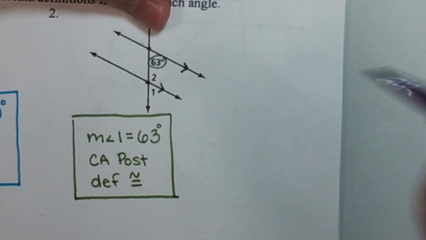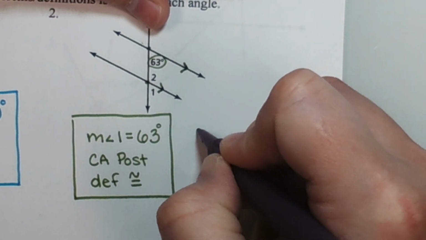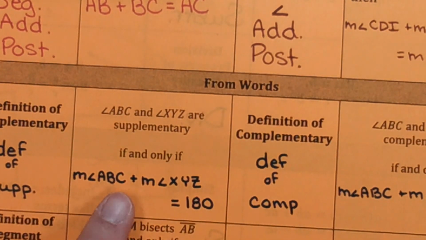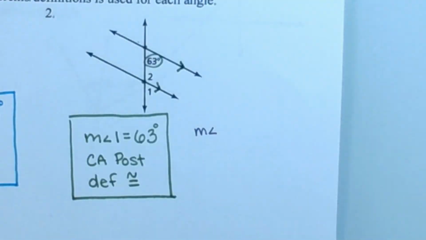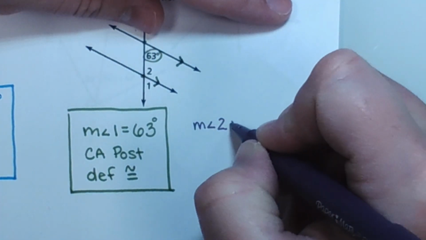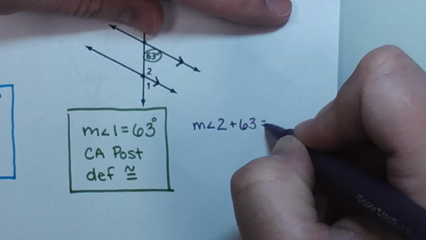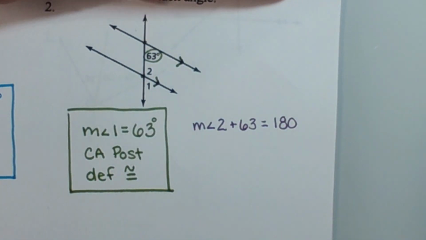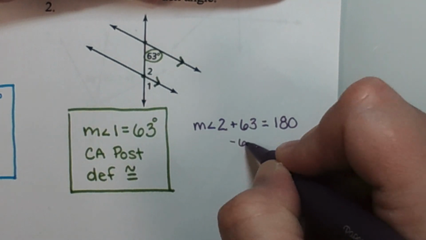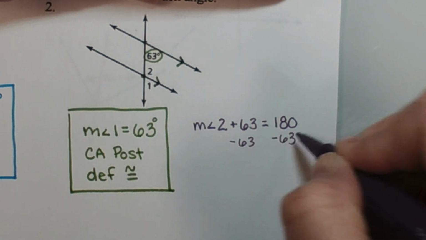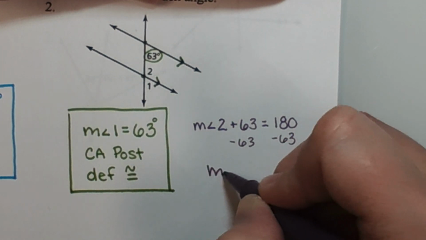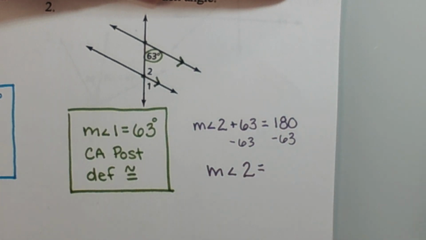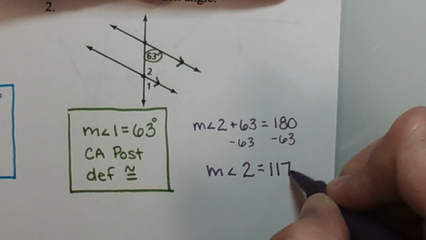So, now in all technicality, using this definition of supplementary, that means measure of angle 2 plus the 63-degree angle is going to be equal to 180, but many of you would just probably say, hey, they add up to 180, so I subtract the 63 from 180. And you're getting the same thing. Measure of angle 2 is equal to 117 degrees.